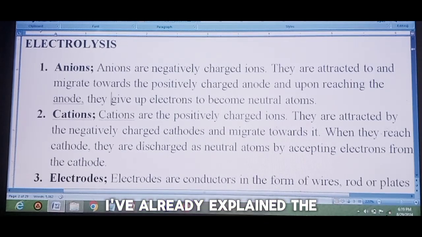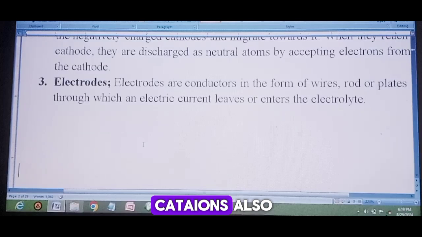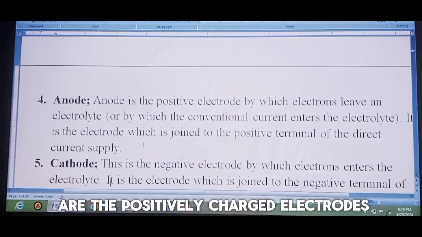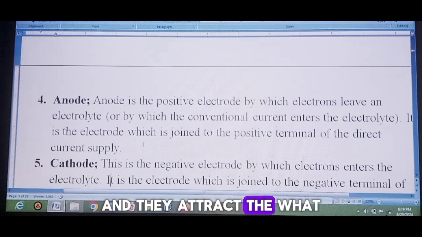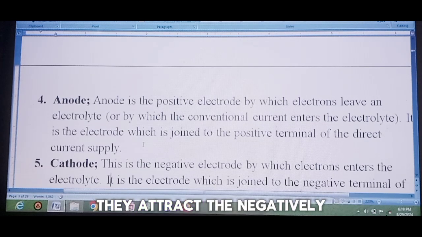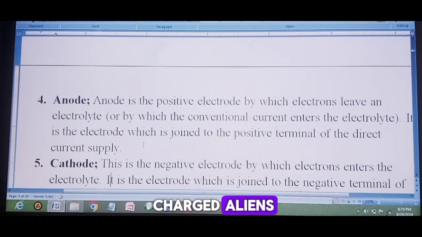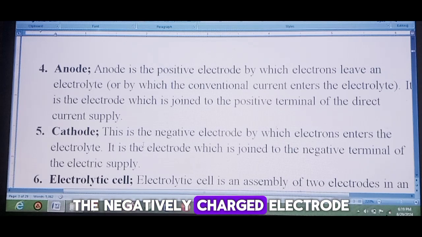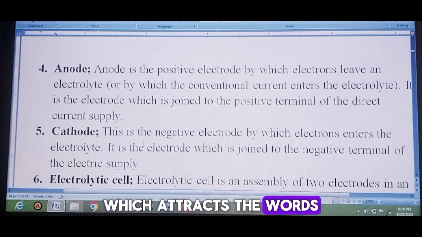I've already explained the meaning of anions and cations. Also, I've explained that anodes are the positively charged electrodes and they attract the what? They attract the negatively charged ions, while cathodes are the negatively charged electrode which attracts the what?